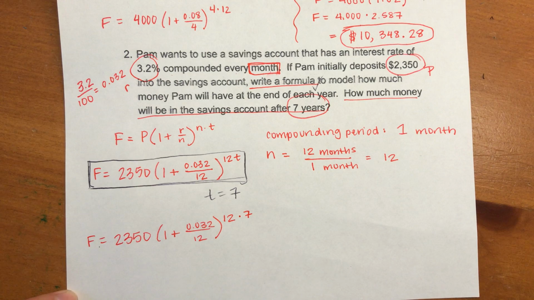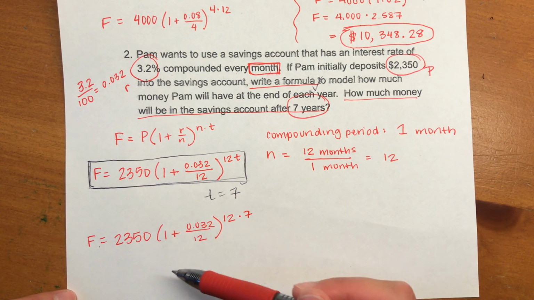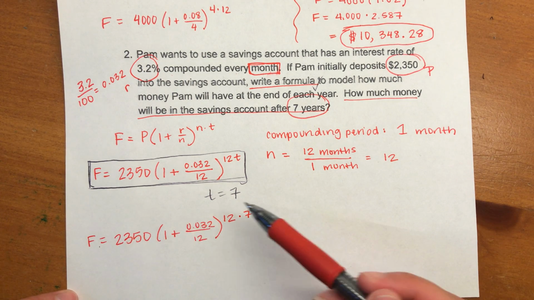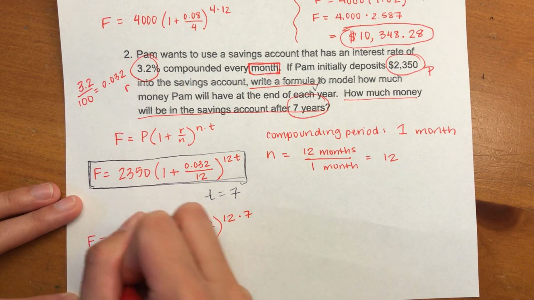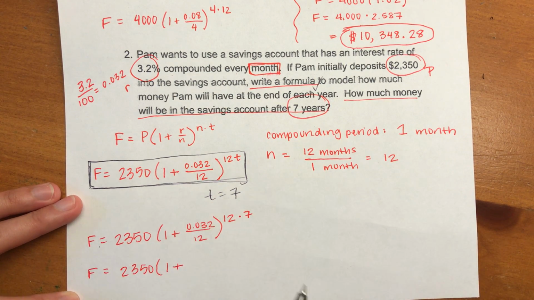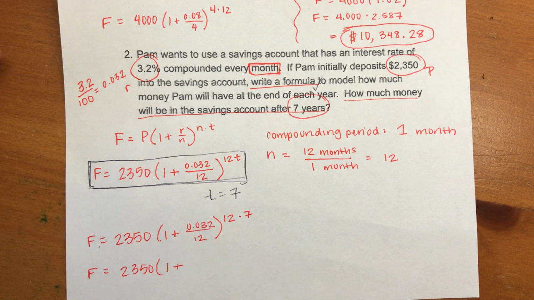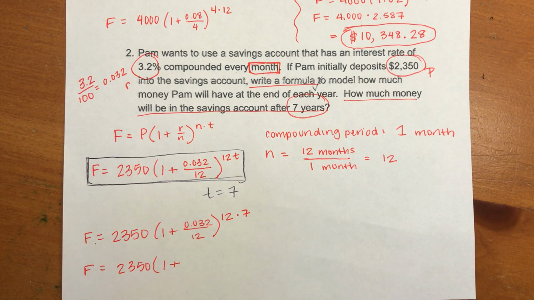Okay. Now, same thing we did in the first example. We're going to use order of operations. So parentheses first, then exponents, then multiplication. So F equals 2,350 times 1 plus, and I need to do 0.032 divided by 12. So I'm going to take out my calculator to do that.